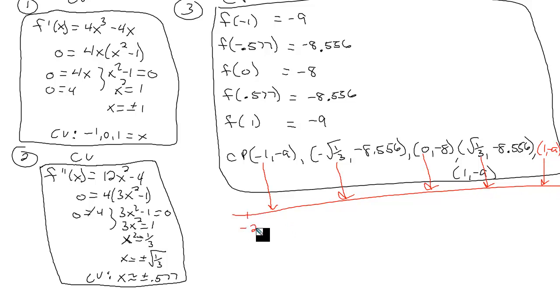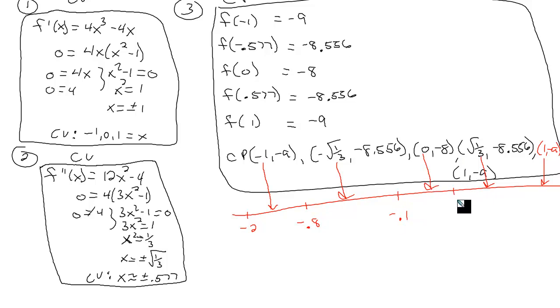So to the left of -1, such as -2. Between -1 and -0.577, which is what negative square root of 1/3 is, perhaps -0.8.